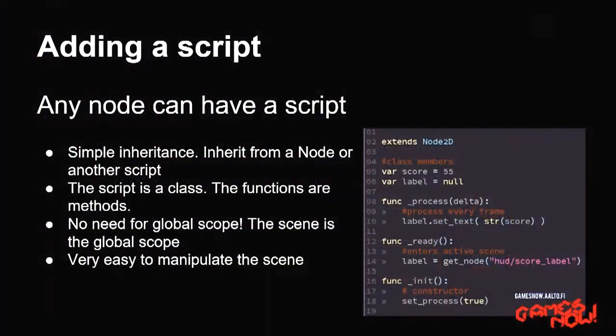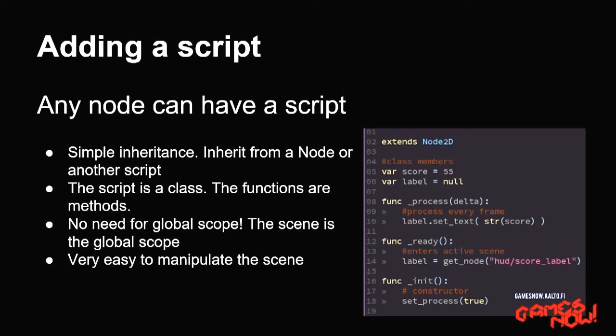So how the script works with the engine is that any node can have a script, and the script is basically the node. The script is a class, and all the functions in the script become methods of the node.